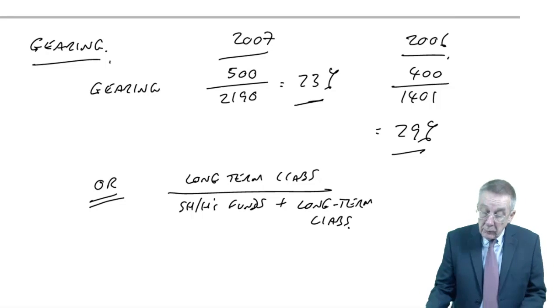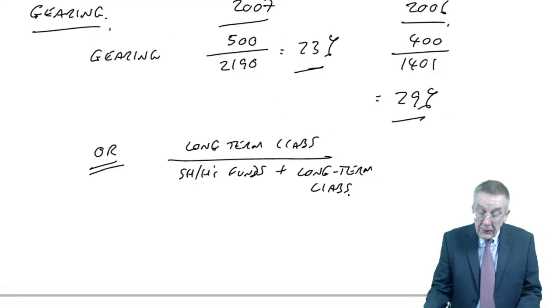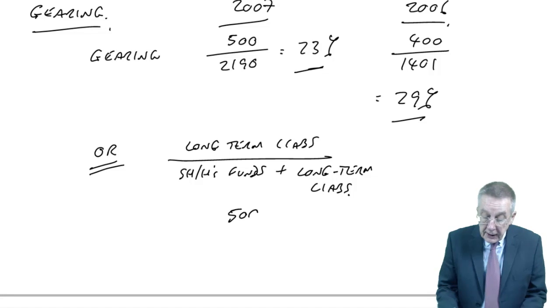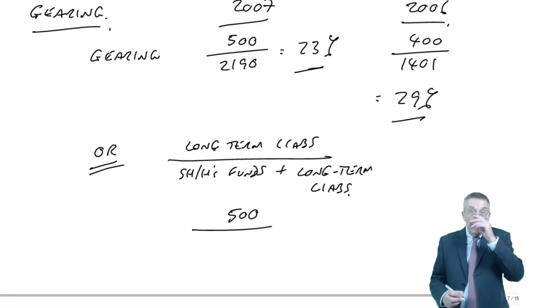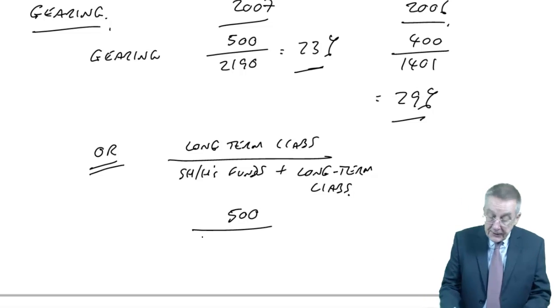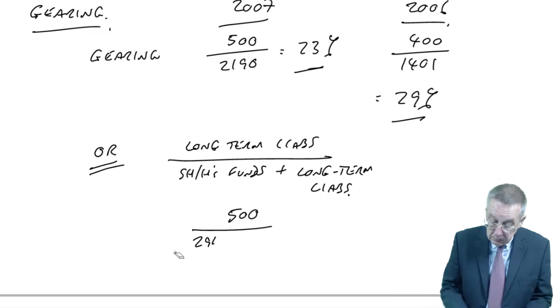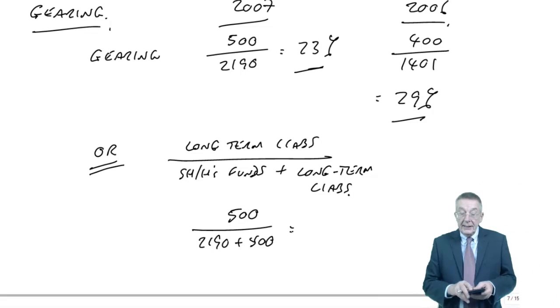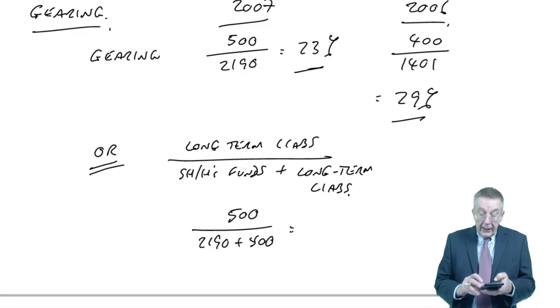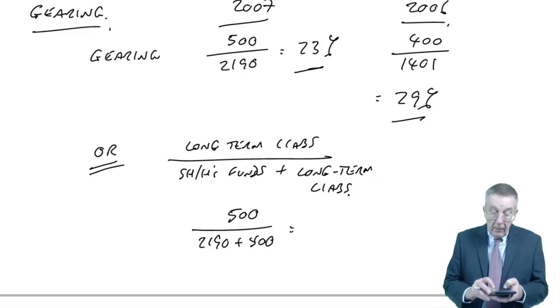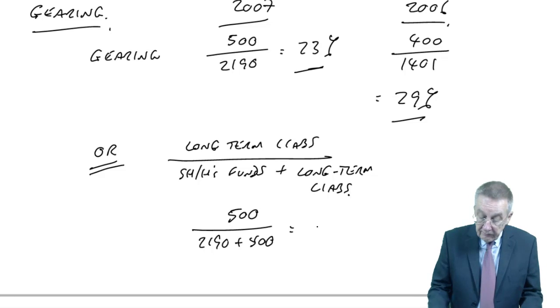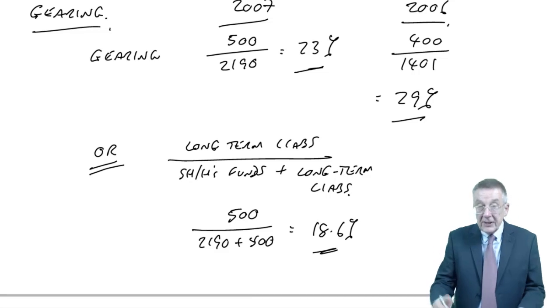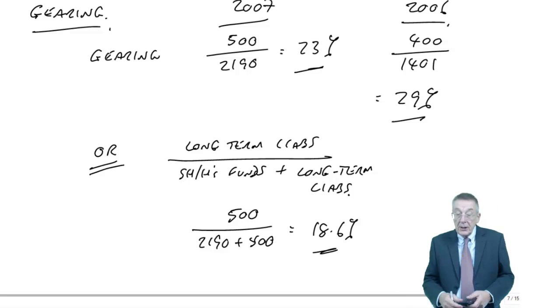And so if we did measure it that way, in 2007, the long-term borrowing was 500. The total long-term finance, equity 2190, long-term borrowing 500, so a total of 2690. And on this measure, the gearing would be 18.6%. Obviously different than before, it's a different measure.